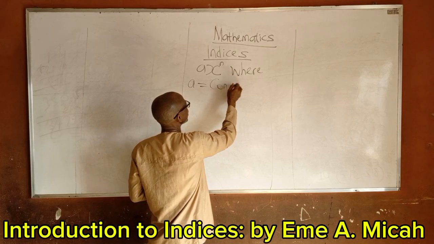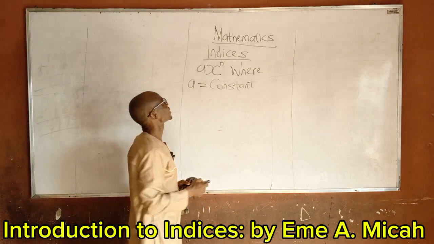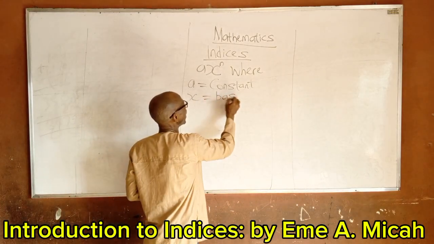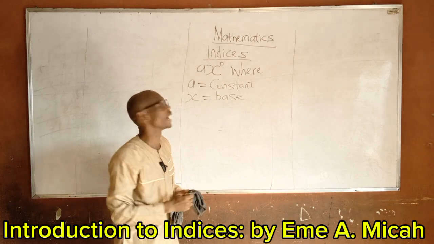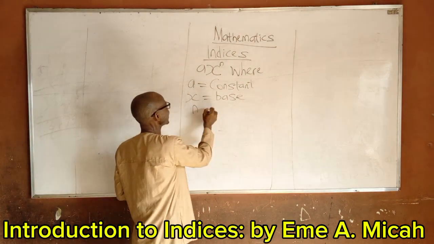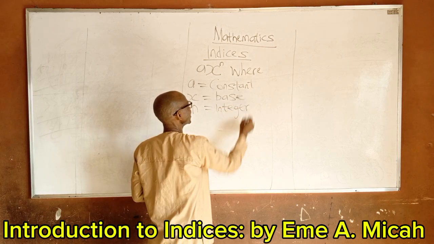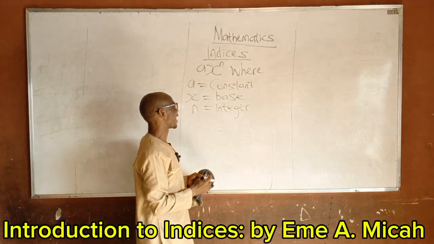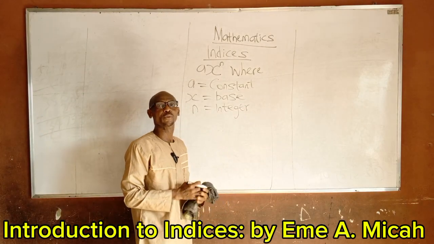Our x is said to be the base number, while our n is an integer, and an integer can either be a negative value or a positive value.